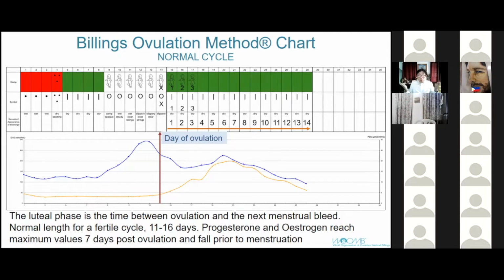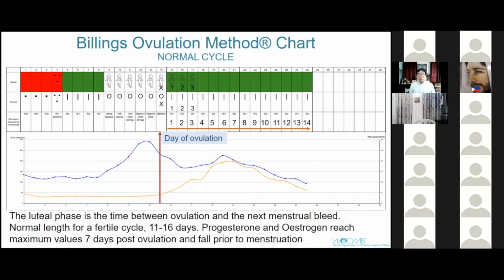Is the luteal normal? Yes, because it is within the range. What is the range? 11 to 16 days. That is the normal length of a luteal phase in order for the cycle to be considered fertile.